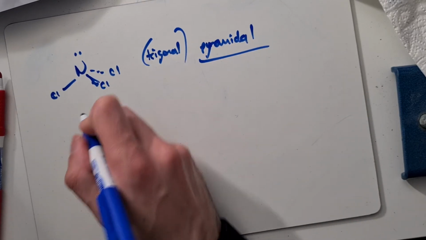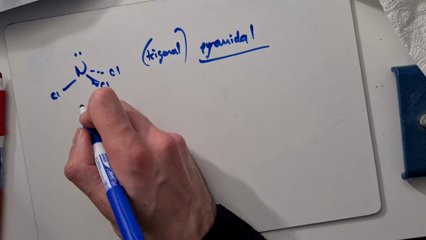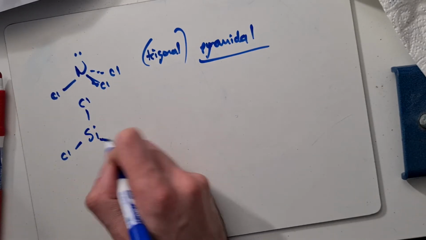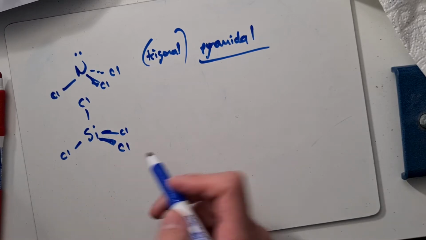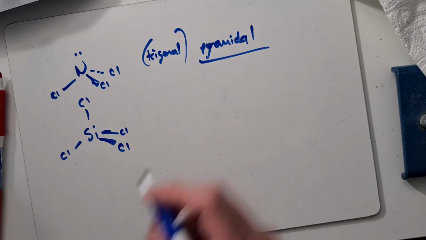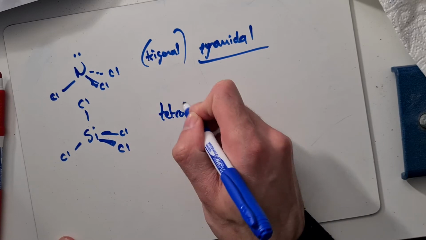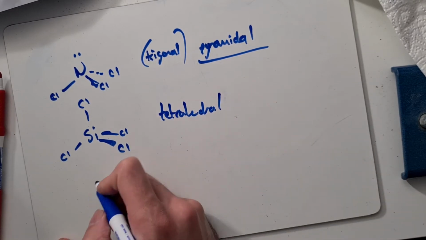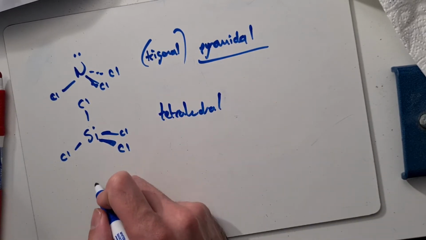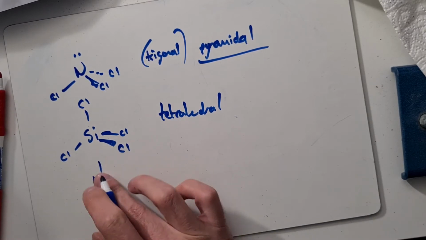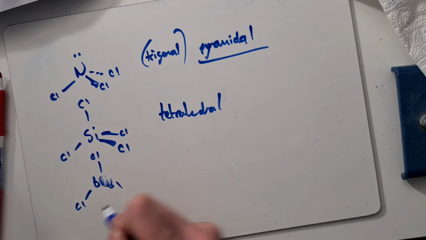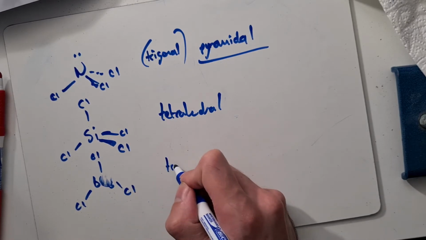SiCl4, a lot like carbon. 4 bonded pairs, no lone pairs. So that's tetrahedral. Then BCl3 is trigonal planar.